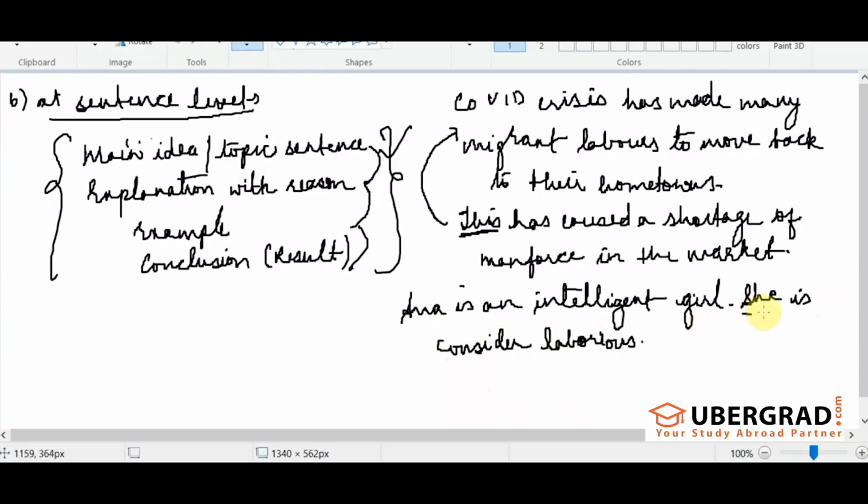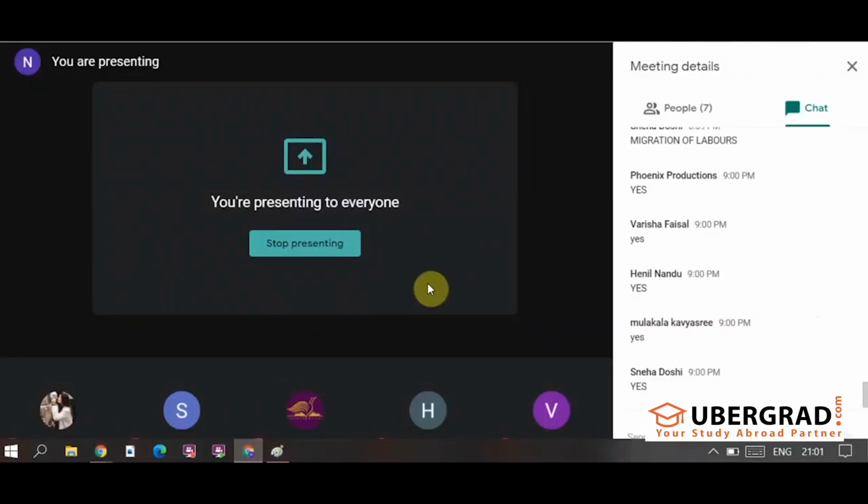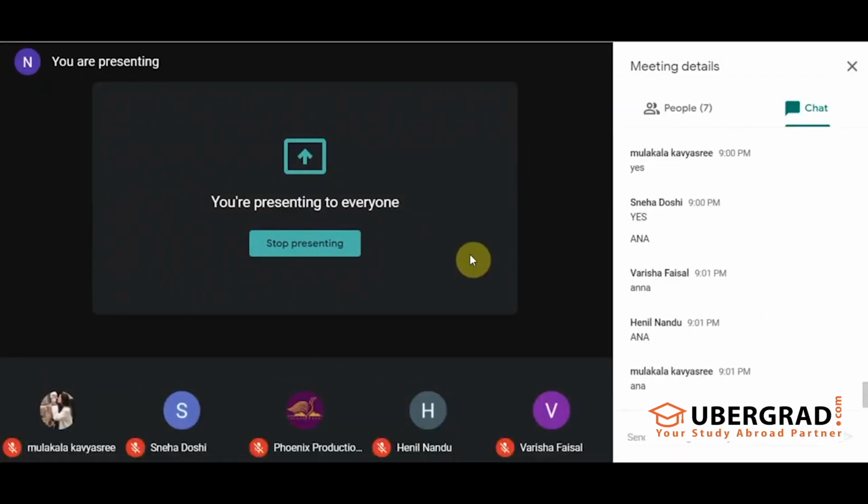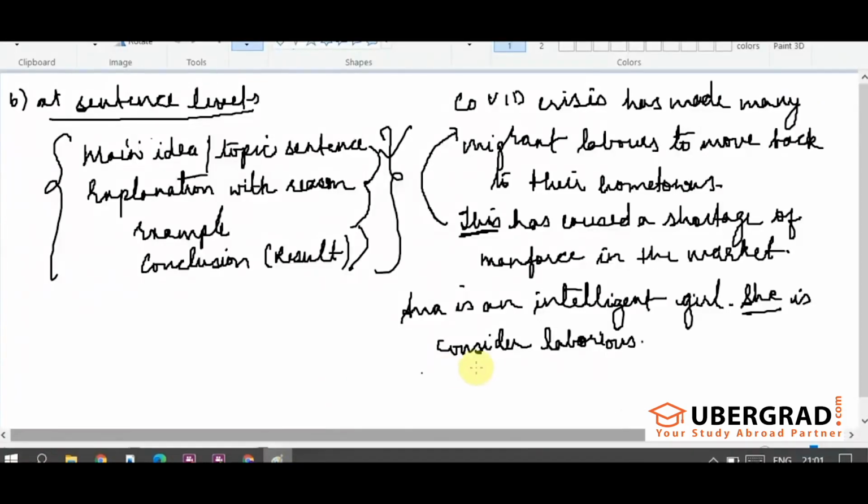Okay. Here, "she" refers to whom? She refers to Anna, which I have used in the previous statement. So guys, this again shows a very good logical connection between this statement and the previous statement, right?